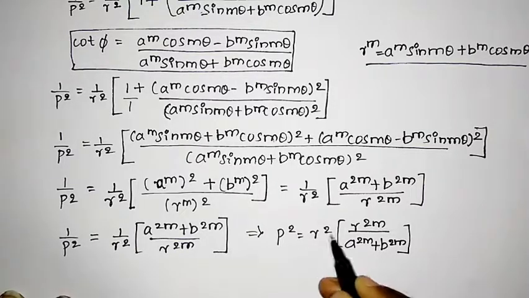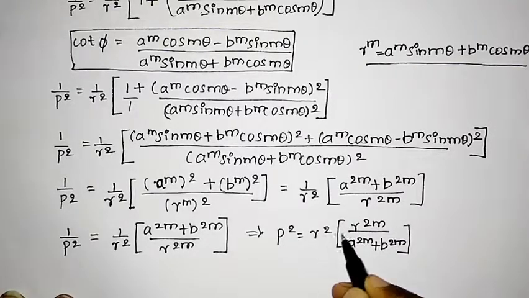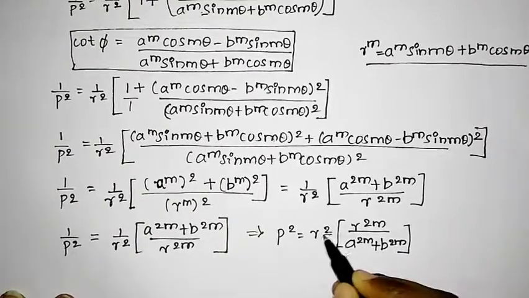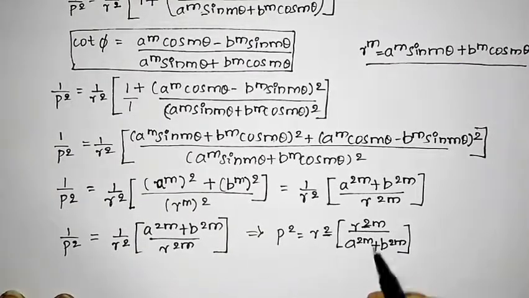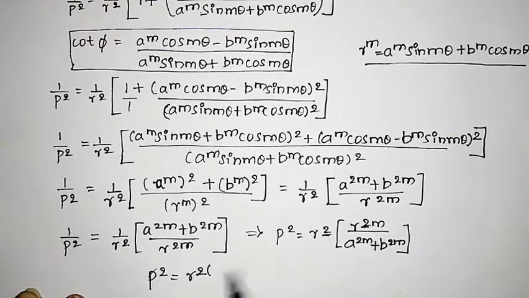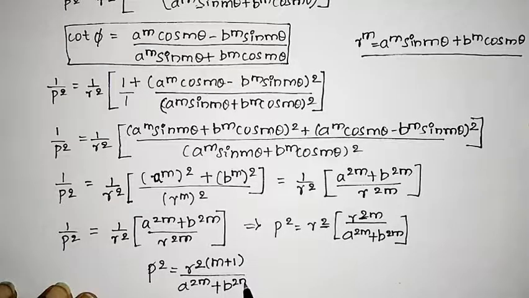Then we can also write, here we have r square and here we have r raised to 2m, so we can take 2 common. So therefore we can write the required equation as p square is equal to r square, we have taken 2 common, so it will be m plus 1, divided by a raised to 2m plus b raised to 2m.